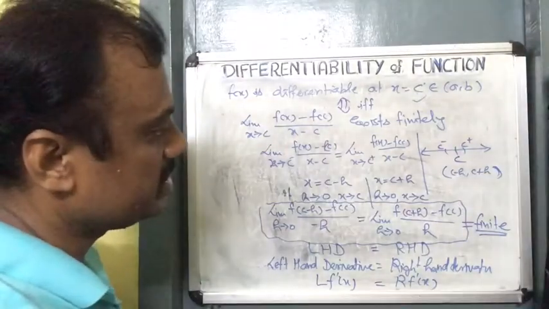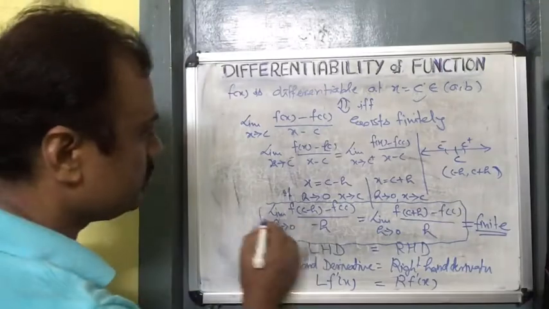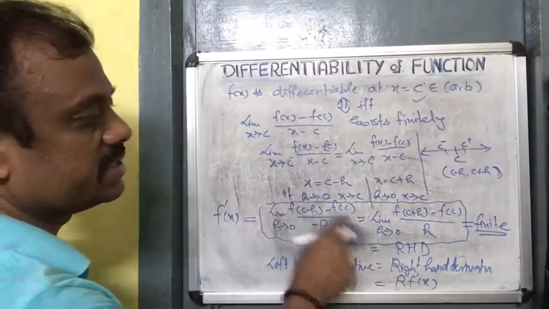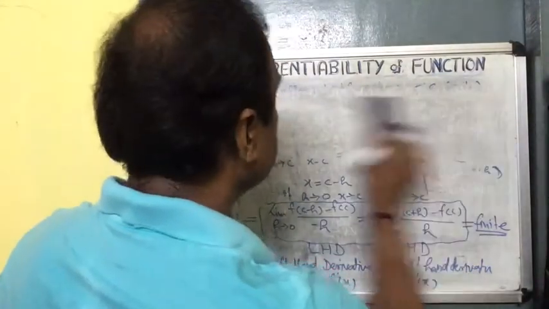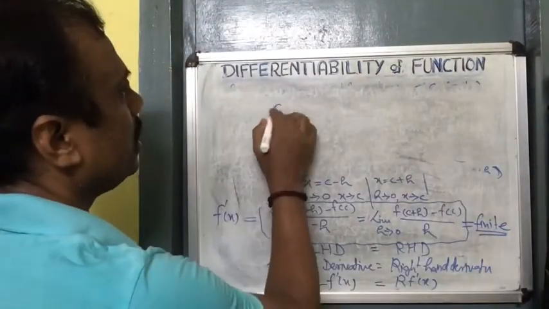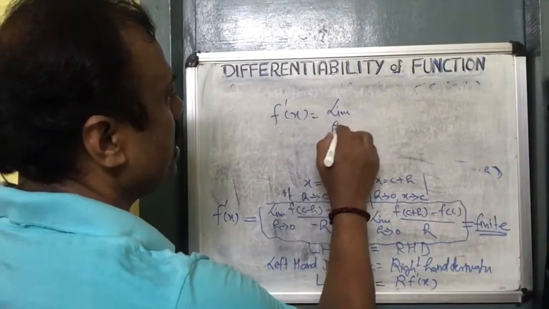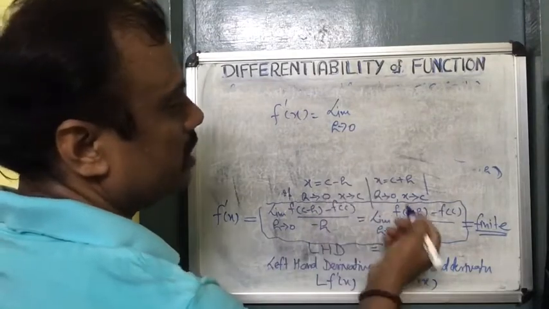That means what? Differentiable means we can find the f dash x at that point. Here it is the same as you remember the first principle. So this one we can represent as f dash x. So f dash x is nothing but limit h tends to 0, any side you can write, from both sides you will get the same.